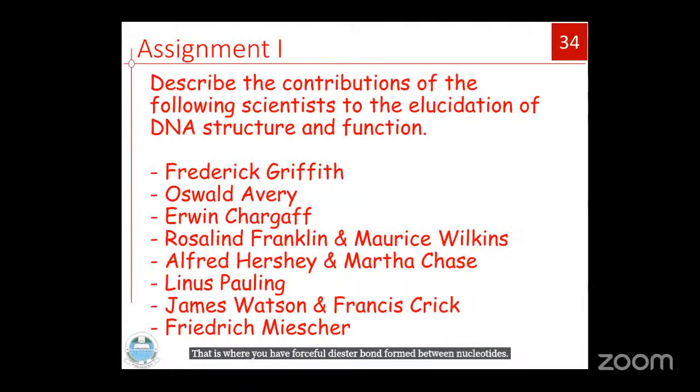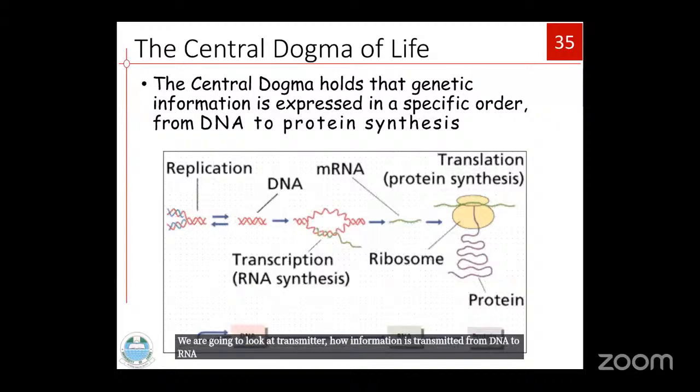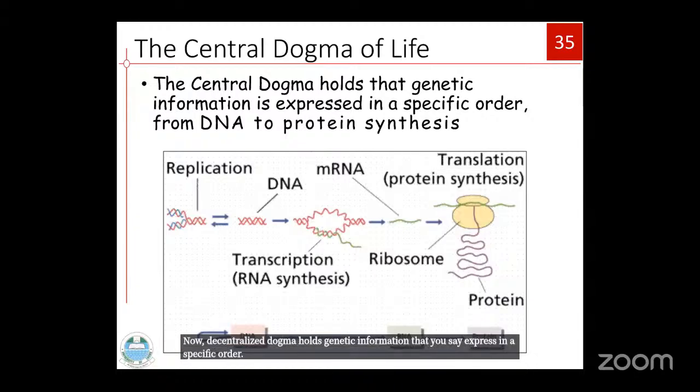And today, without much ado, let's go to the business of the day. Today, we are going to start a class on central dogma, where we are going to look at how information is transmitted from DNA to RNA to protein. Now, the central dogma holds that genetic information is expressed in a specific order from DNA to protein synthesis, right?